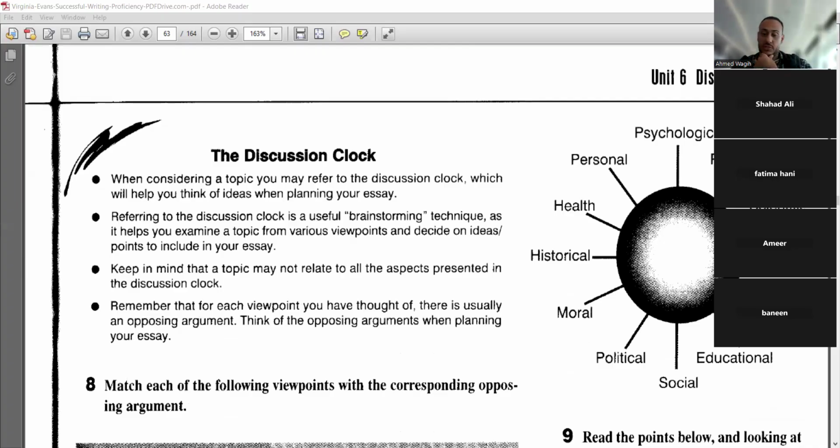So the last question to you: which technique do you prefer using?